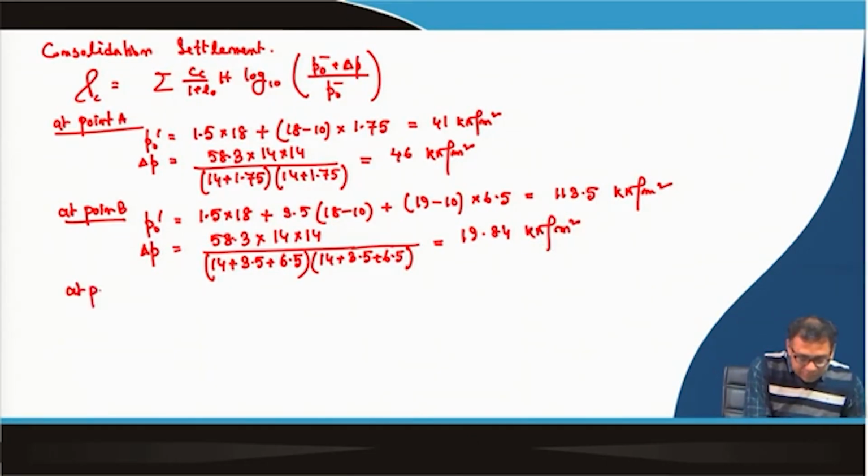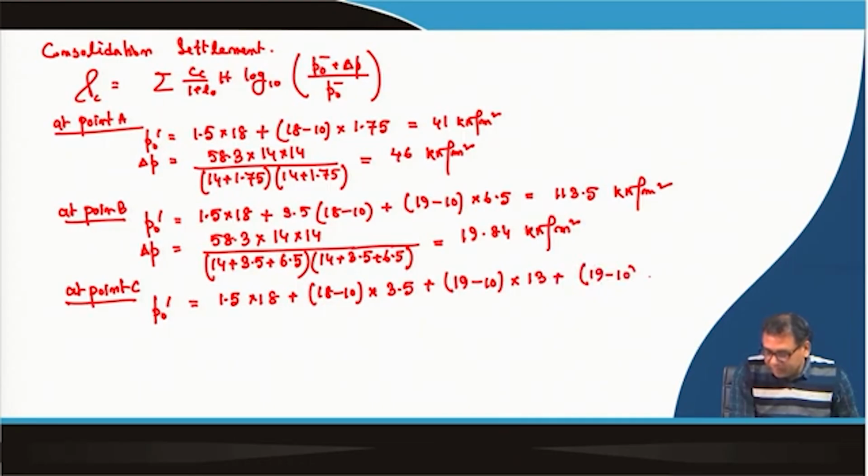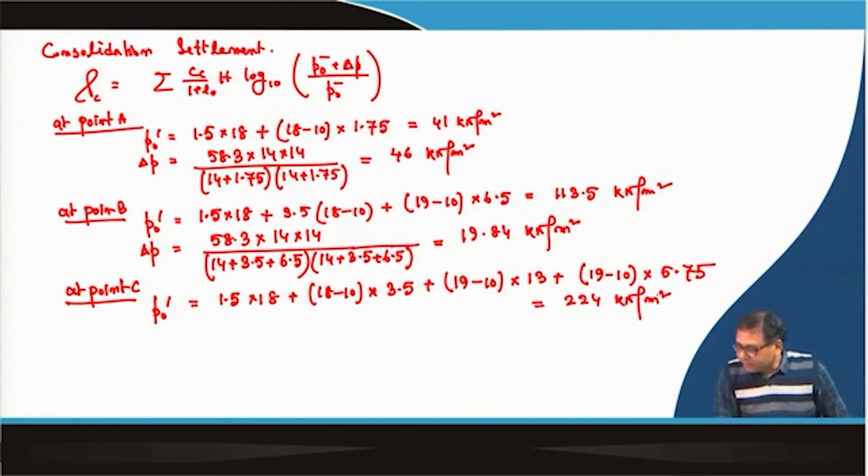Similarly, at point C, P 0 bar is equal to 1.5 into 18 plus 18 minus 10 into 3.5 plus 19 minus 10 into 13 plus 19 minus 10 into 5.75, which is equal to 224 kilonewton per meter square.